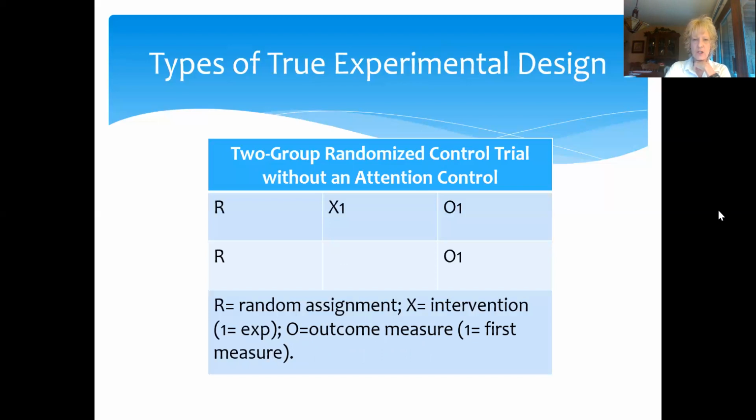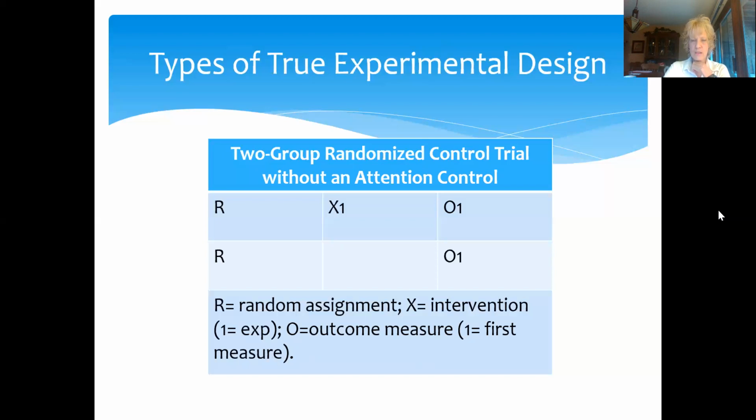This one is a true group randomized control trial without an attention control. So this might be somebody who doesn't have any kind of attention control. It's just a comparison group and you do the measures. This is a little more cost effective because you don't have to spend time doing the control intervention.